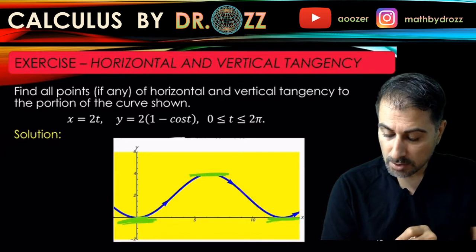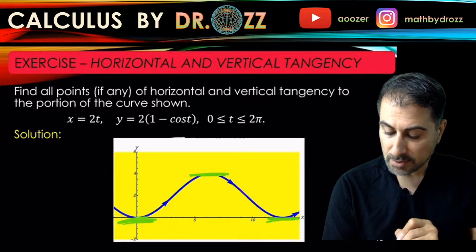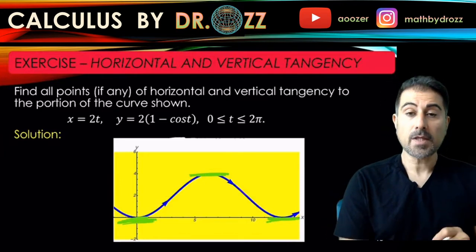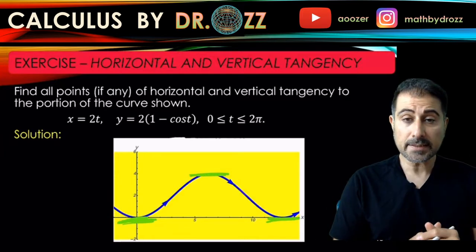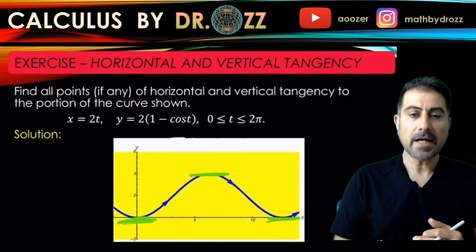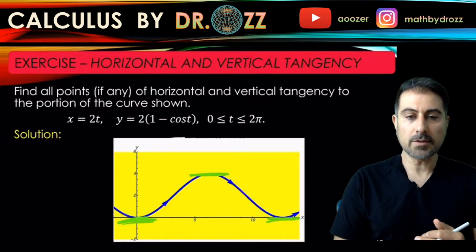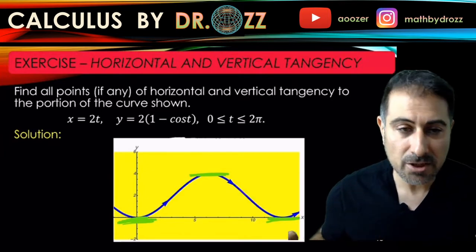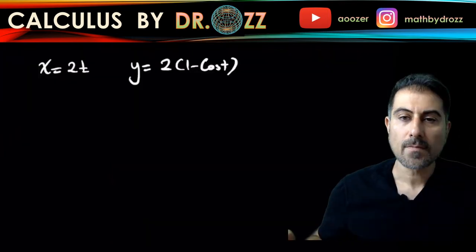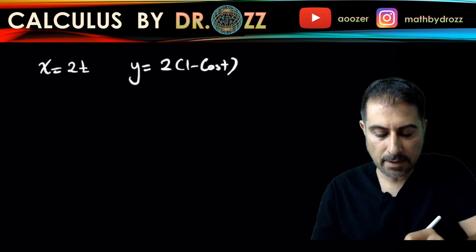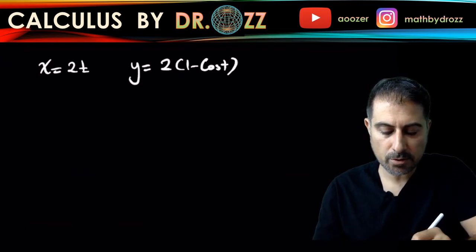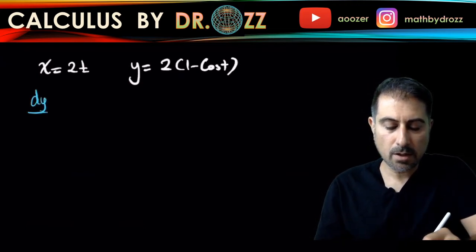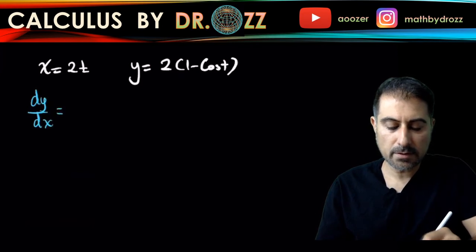We should probably verify that with our analysis. So what I'm going to do now is look at dy over dx, see what t values correspond to those horizontal tangent lines, and discuss why we don't have vertical tangent lines. dy over dx is dy over dt divided by dx over dt.